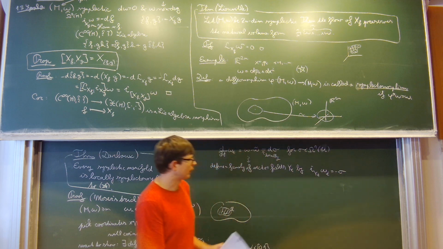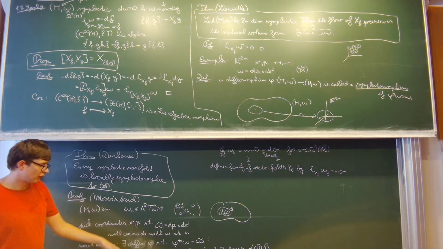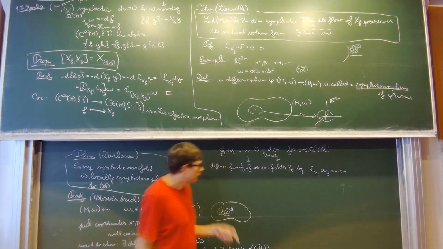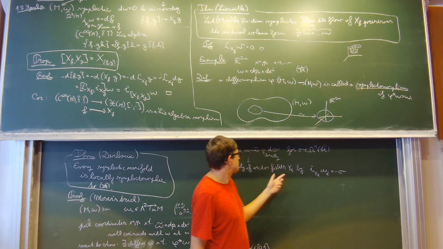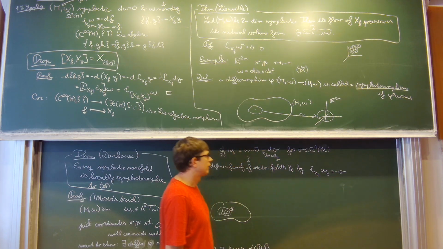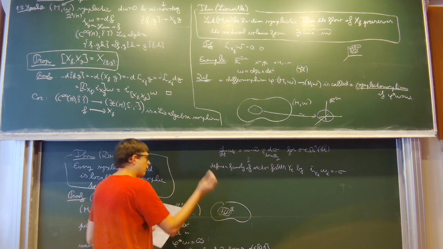Remember, we have a family of symplectic forms. They are non-degenerate, so I can use them to relate tangent and cotangent spaces, and hence I just have a bunch of one forms, so I can transform them to vectors at every time. Okay, now I have a family of vector fields, and now I can flow along them.